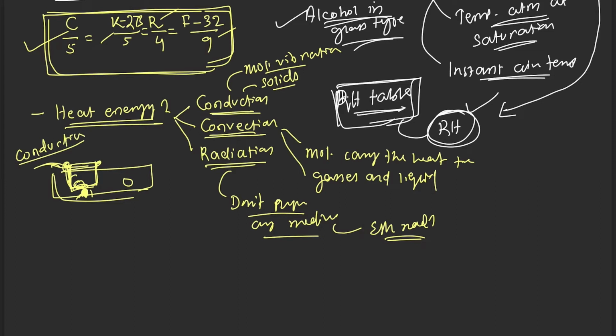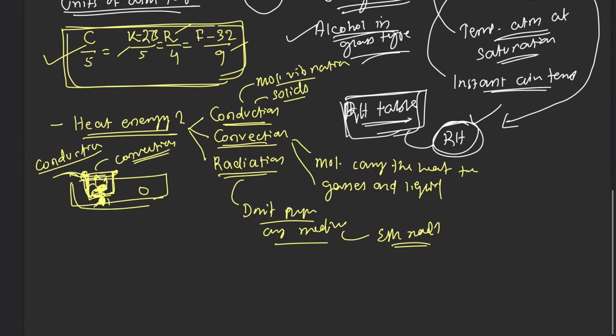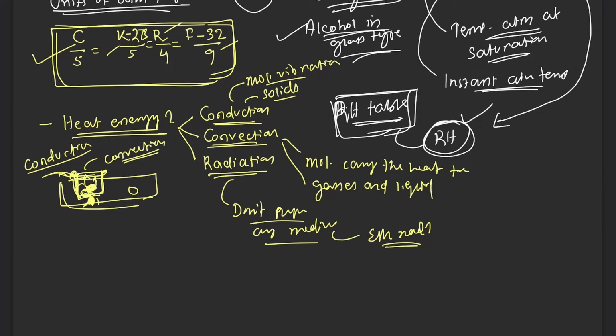When the liquid warms up, it moves upward, and the cold liquid moves downward. That is due to convection. And if you keep your hand outside near the gas burner, you can feel the heat. That is radiation.